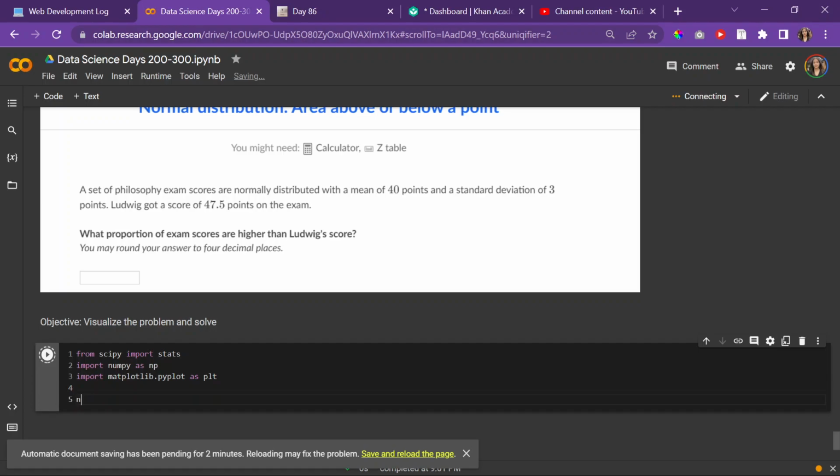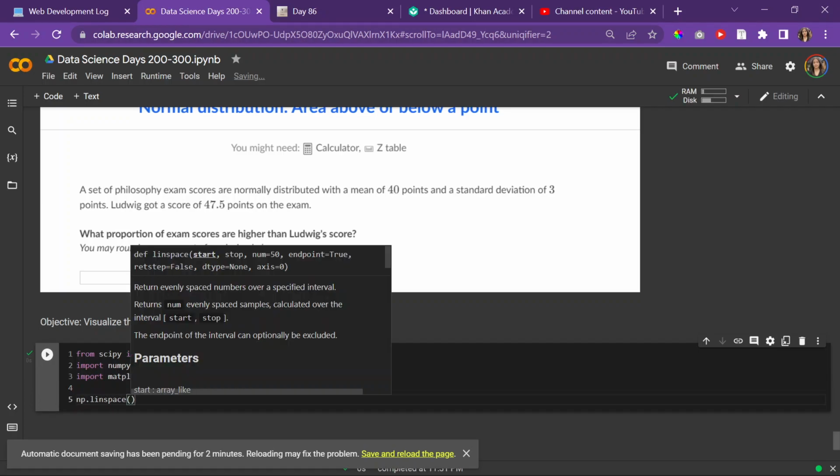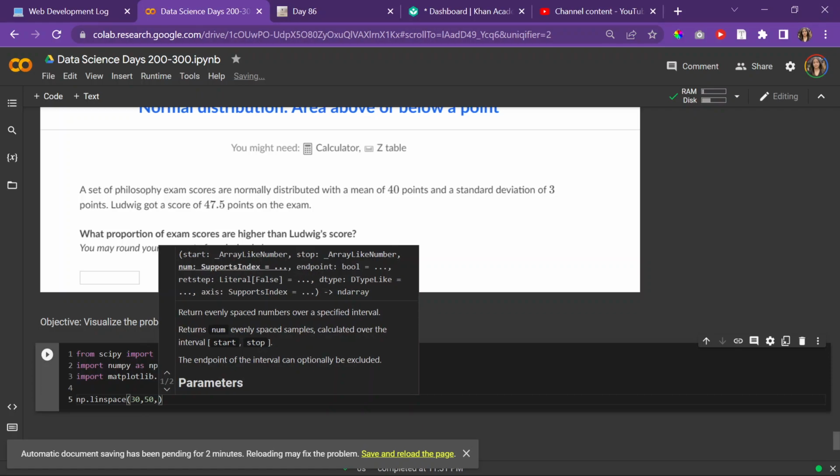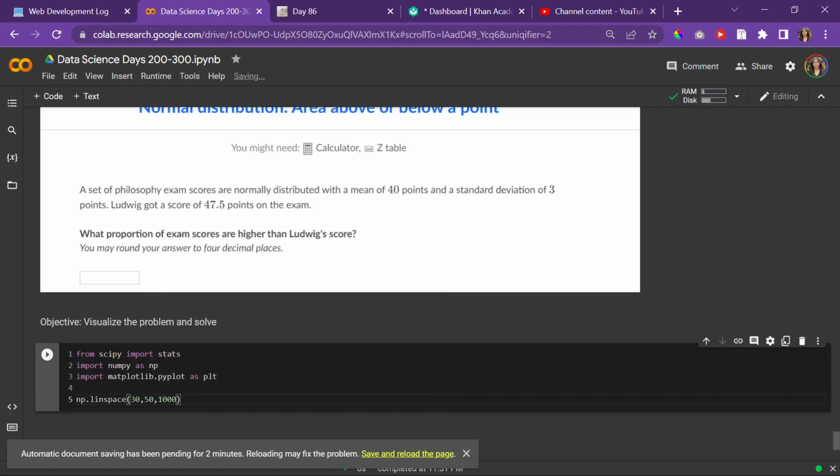First things first, I'm going to do np.linspace. This function is basically going to get all your x values. According to the problem, the mean is 40 points, so I'll do 30 to maybe 50, and then 1,000 values in between.